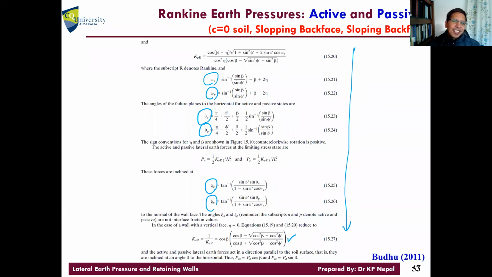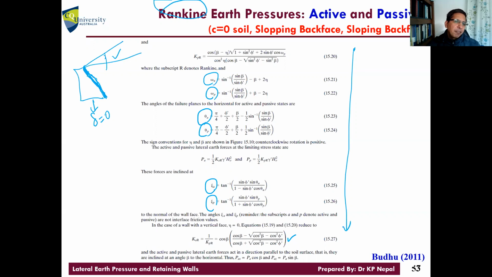So what we did until now, whatever the back face of the wall is, whatever the surcharge, like a sloping backfill or horizontal, we always assumed there is a frictionless wall and soil. Friction value, we use delta, right? Delta equals 0 until now. That's why we are still using Rankine's theory.